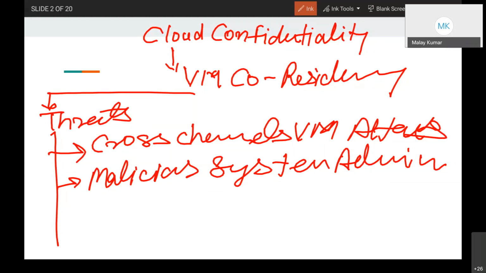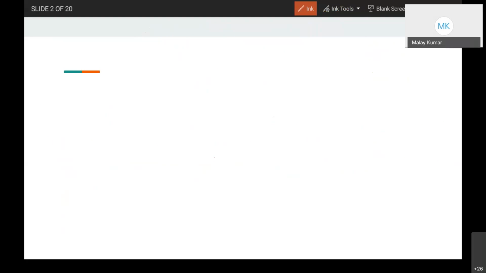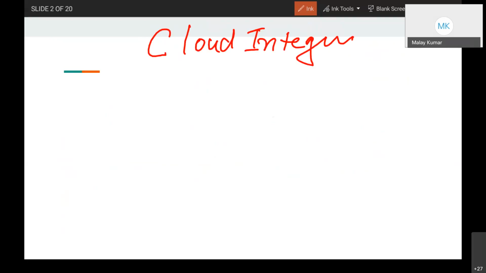Then we moved towards cloud integrity. Since we are outsourcing the data and application over the cloud server, there may be an issue of data loss, manipulation, or the computation result produced by the cloud may be incorrect. So there is a chance of data manipulation, loss, or dishonest computation over the cloud server.